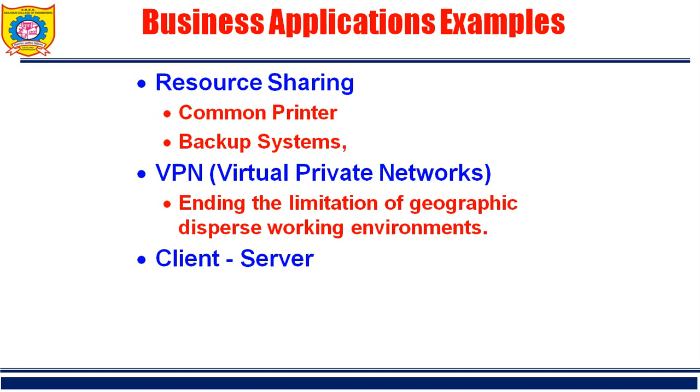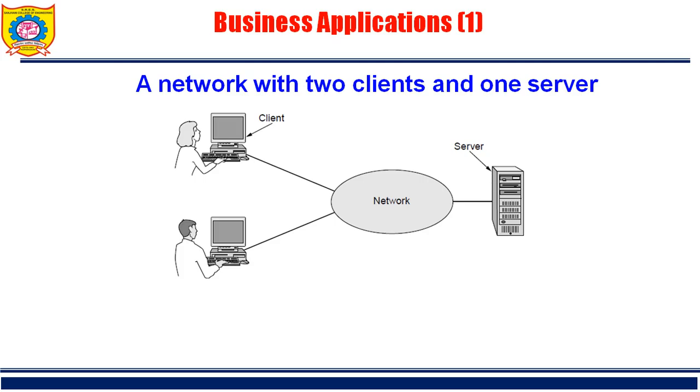You'll see the details of client-server when you're learning in later units. Now we can see the example here, a network with two clients and one server. So there is a single server connected to the network, and more than one machine is connected to that network. So every client can send a request to that server to get a specific service.